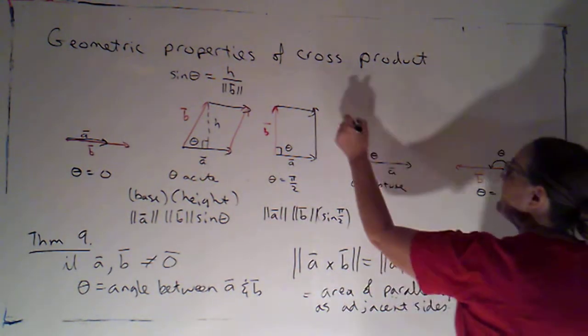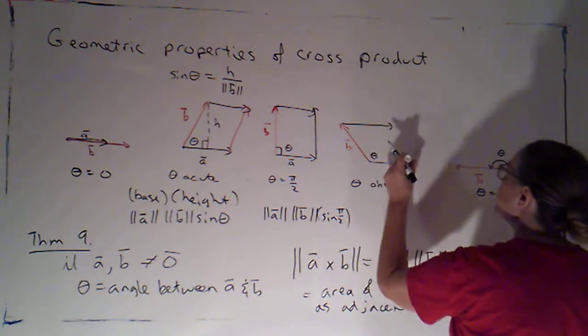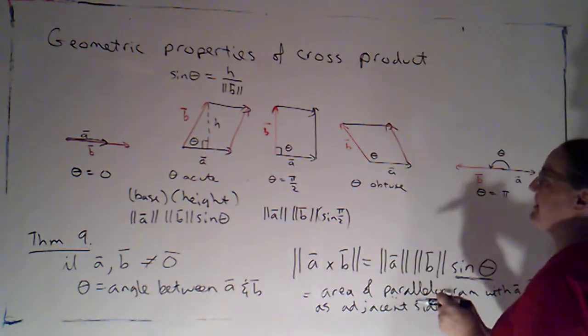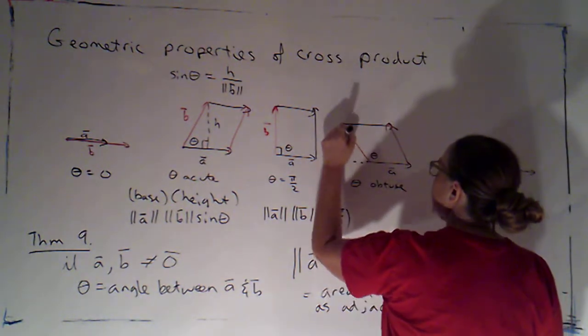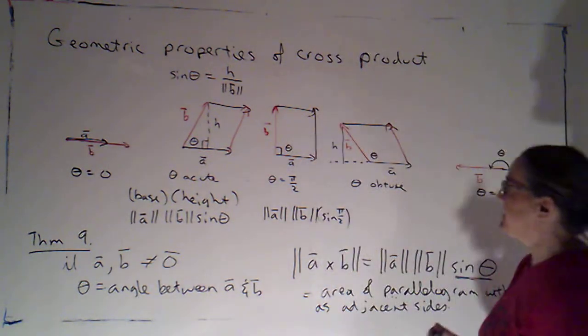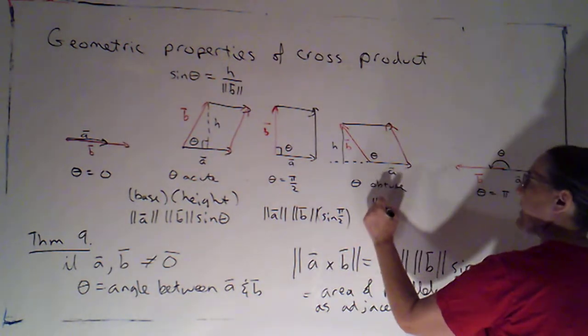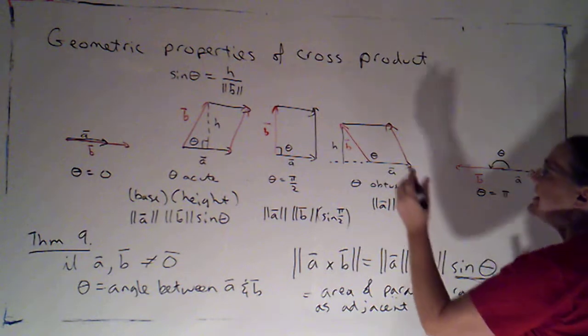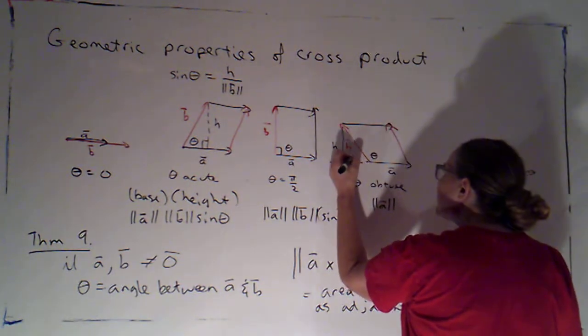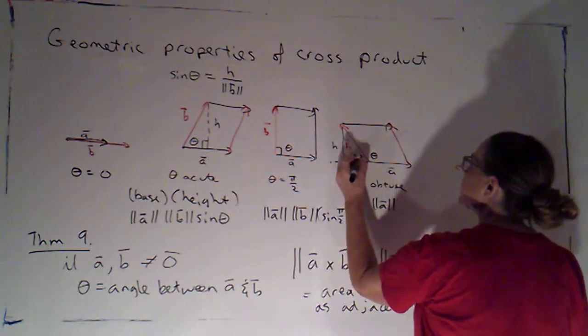Now if I'm looking at the case that theta is obtuse, once again, the height I'm going to get by dropping a perpendicular here. So I can say the base is the magnitude of A. Now here, this would be pi minus theta.